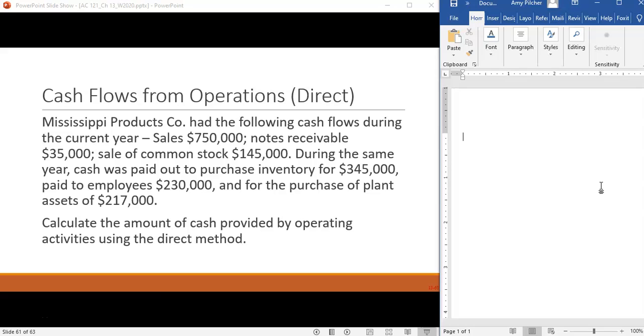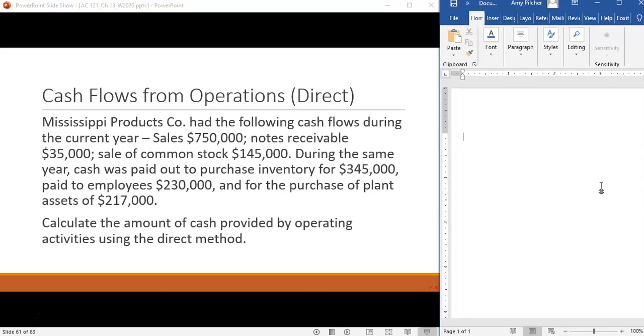Well, we know that the operating activities section only looks at current assets and current liabilities. So not all of this information is relevant. So what we need to look at is what we received from customers and what we paid out to suppliers and employees.